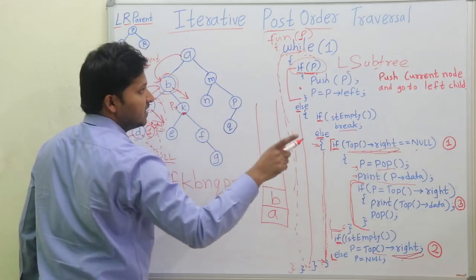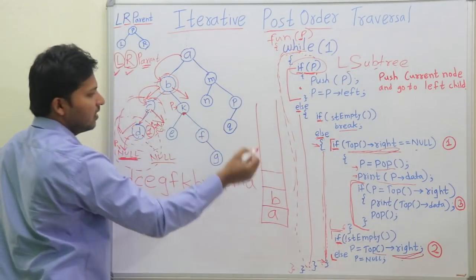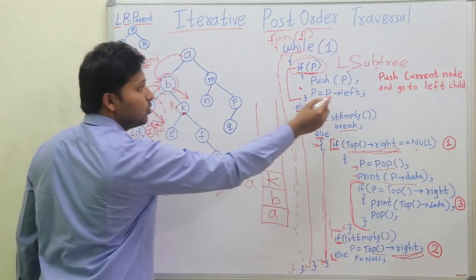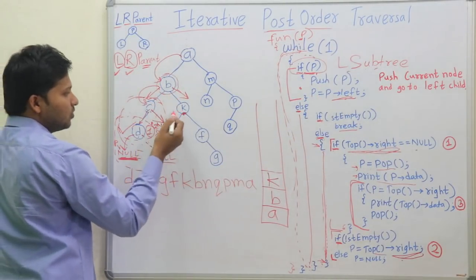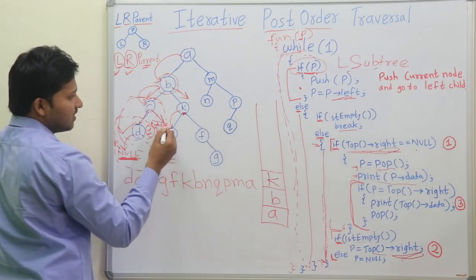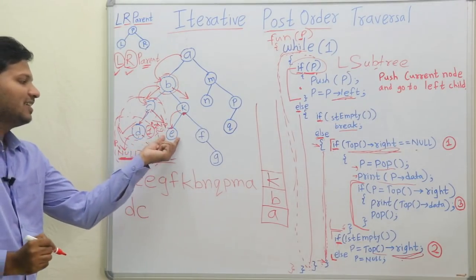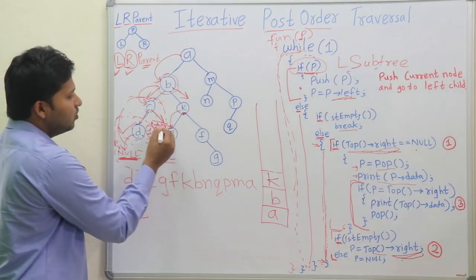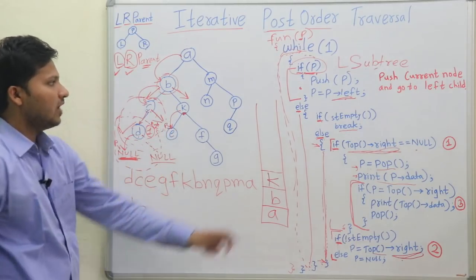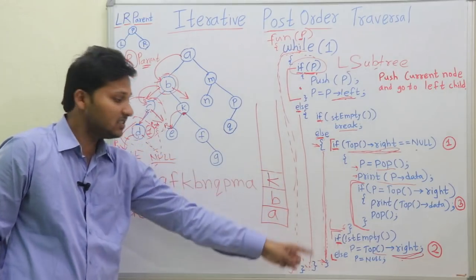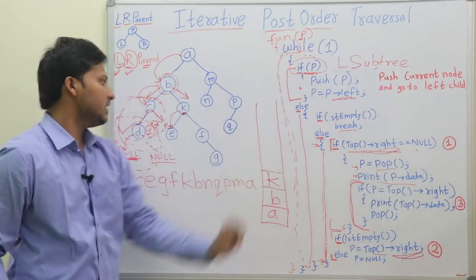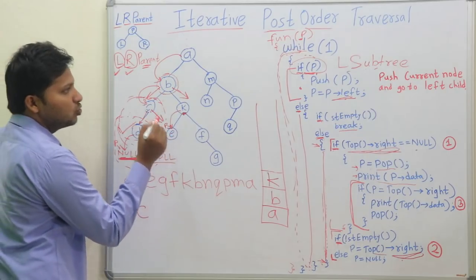If K exists, then push K and go to that left subtree and check whether the left subtree exists or not. So now P points to E. As this if condition is checked, we will not go inside this else and we will directly go to the next iteration. Now P points to E.